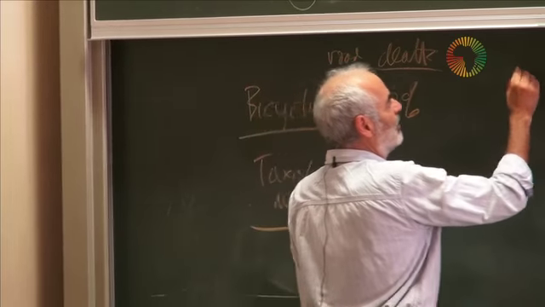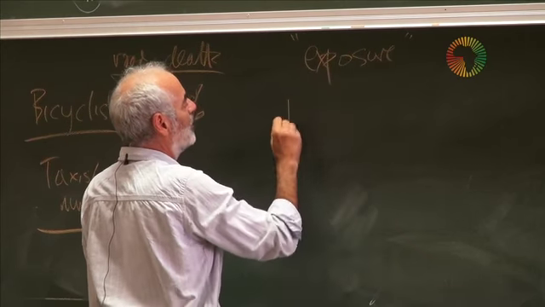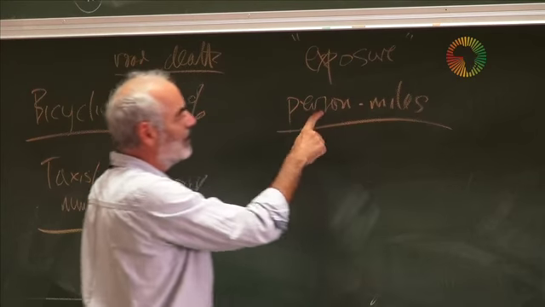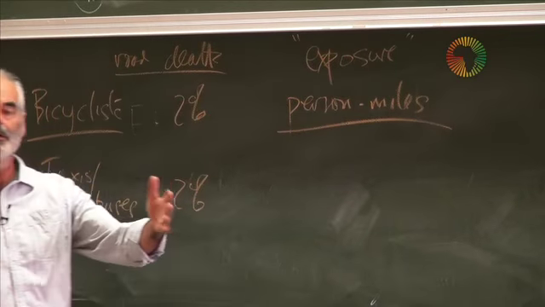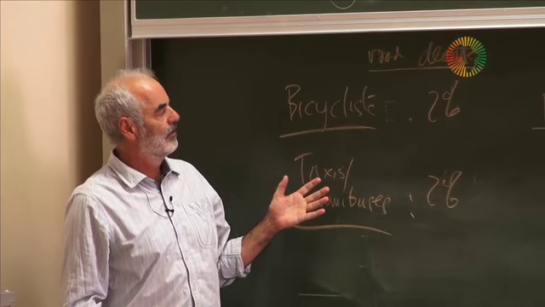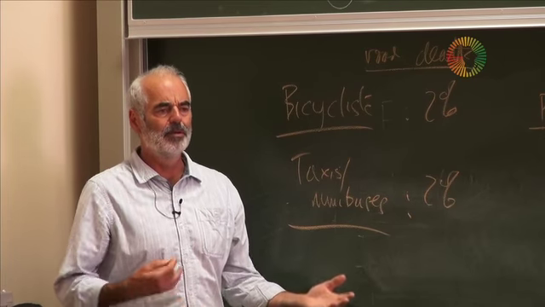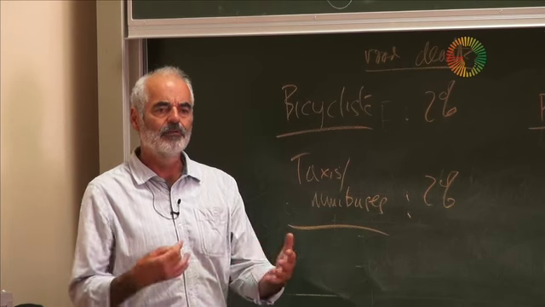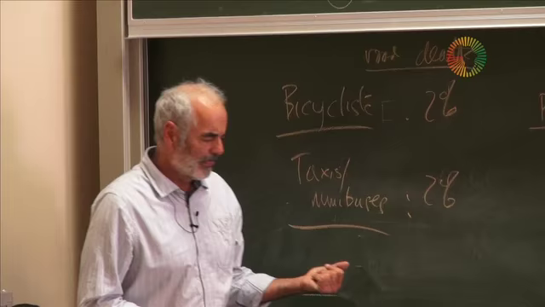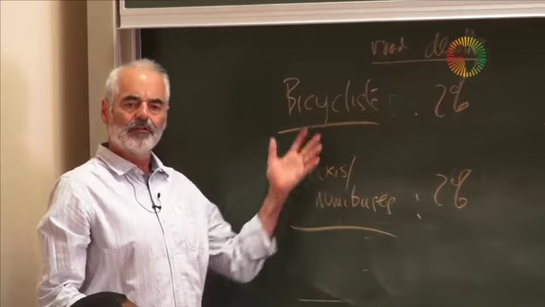So what they're not mentioning is what's known as exposure, which would be something like person miles. Person miles, which would be, how many people are doing it and how far are they travelling? So how many miles are travelled? And then you could work out which was more dangerous per mile, or per hour, or per minute, or per journey, to make an actual comparison.